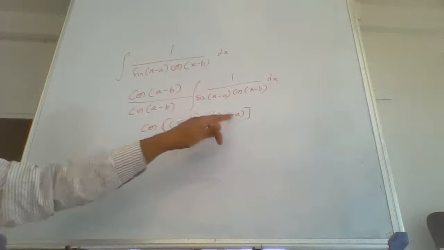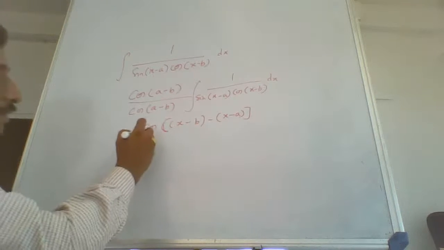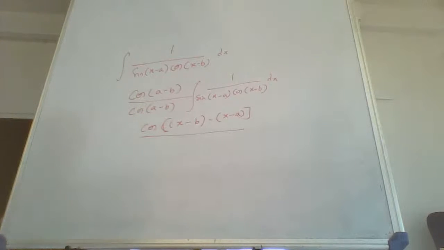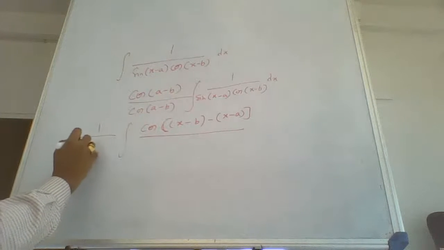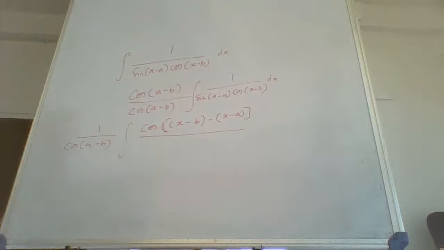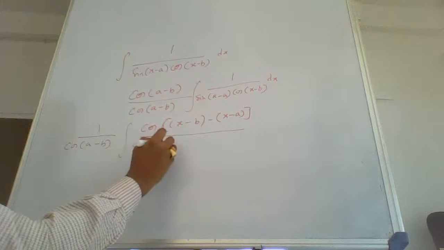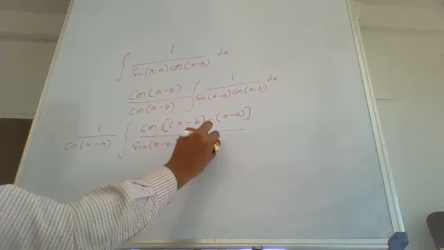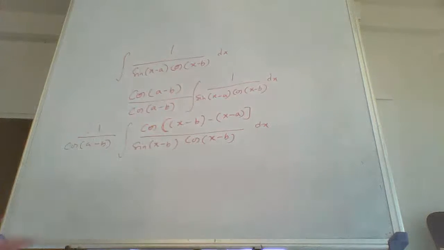I get plus a minus b, which is the same in the numerator, keeping 1 by cos of a minus b outside. Denominator is the same, sine of x minus a and cos of x minus b dx. Fine.